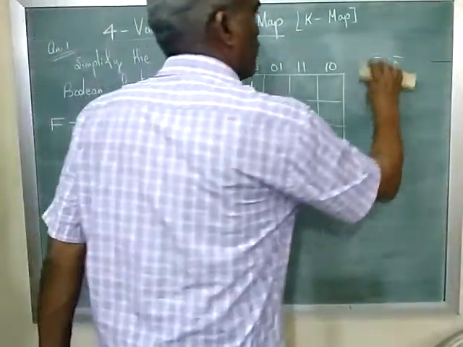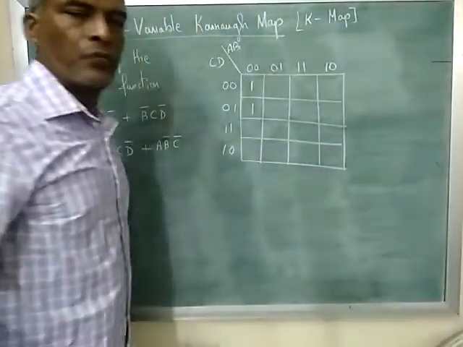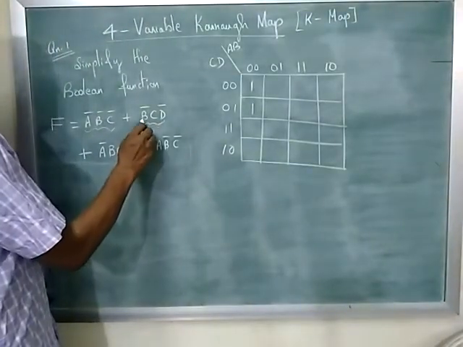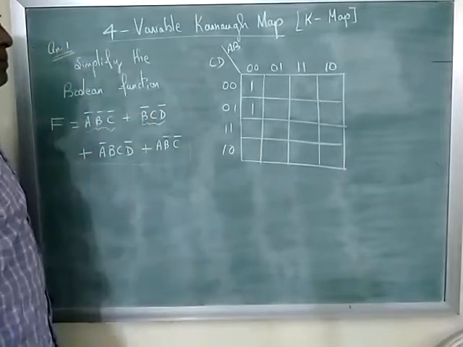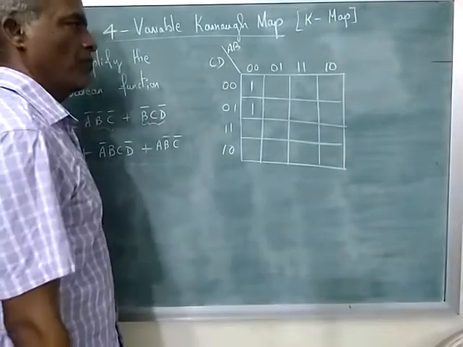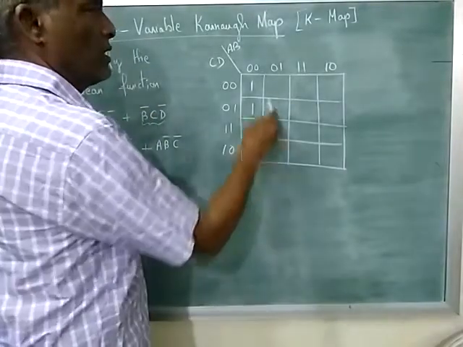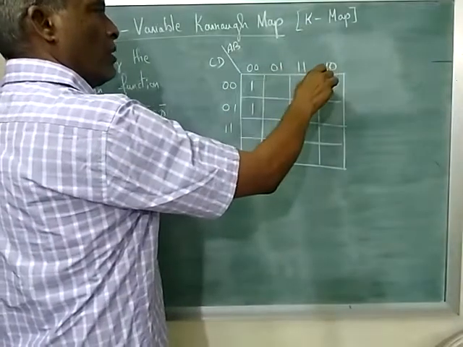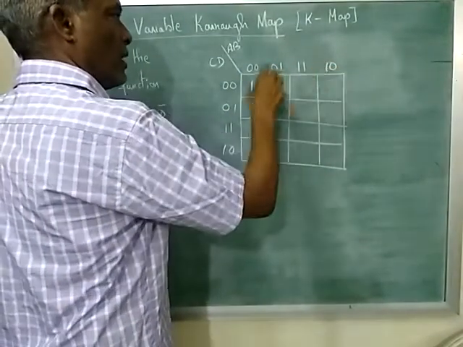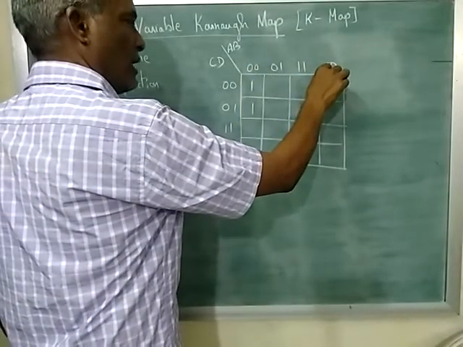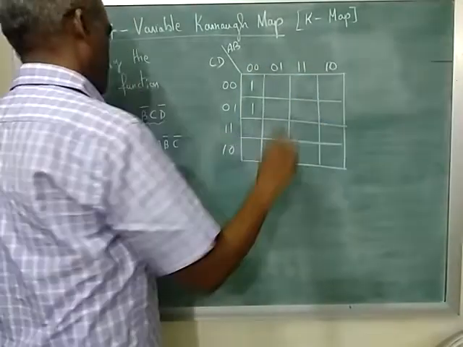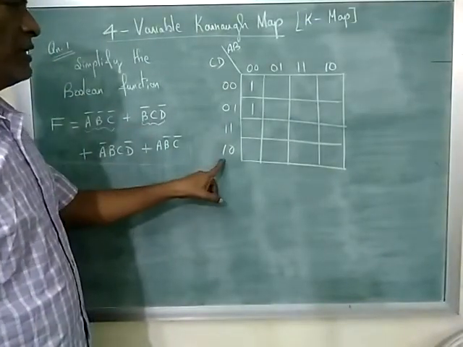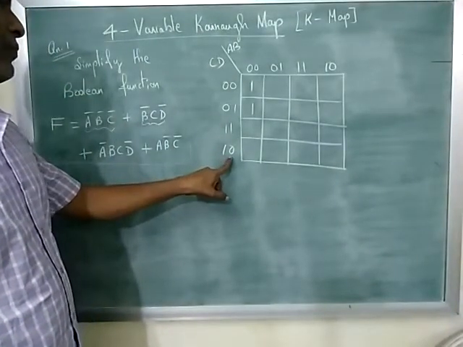Then we come to B bar, C, D bar. Where is B bar? Here we have A, B bar; here A bar, B bar; here A, B bar. Now where is C, D bar? Here we have C, D bar.